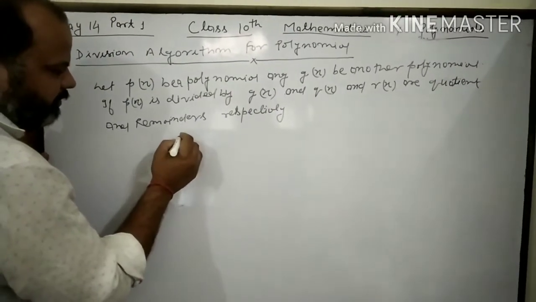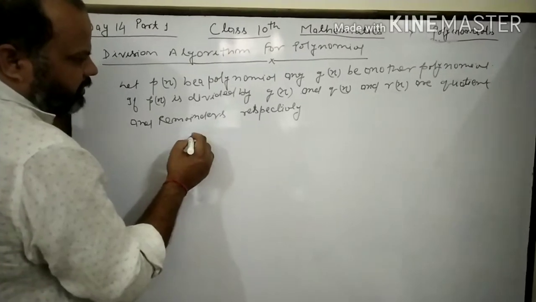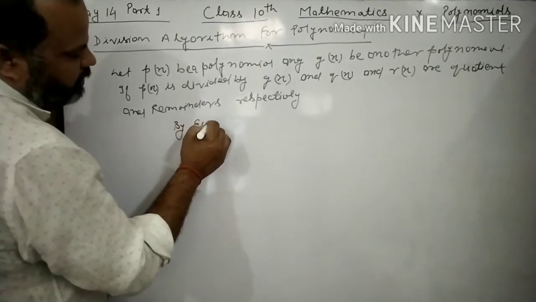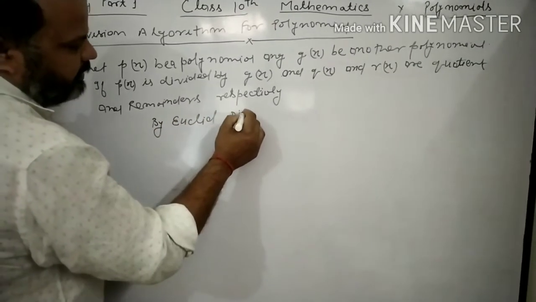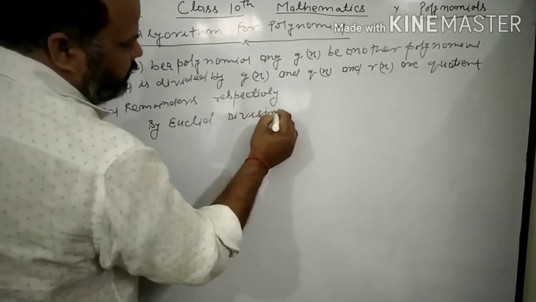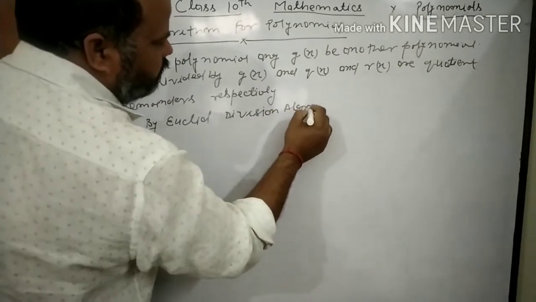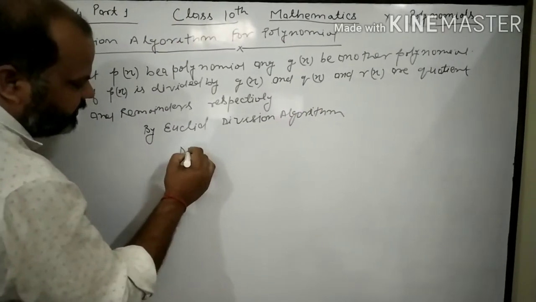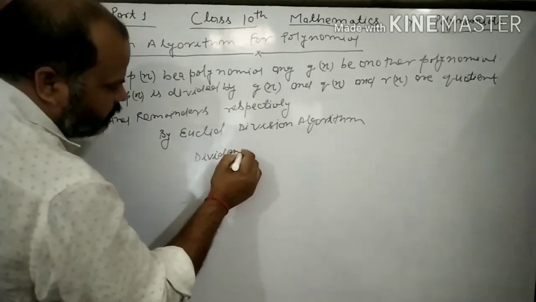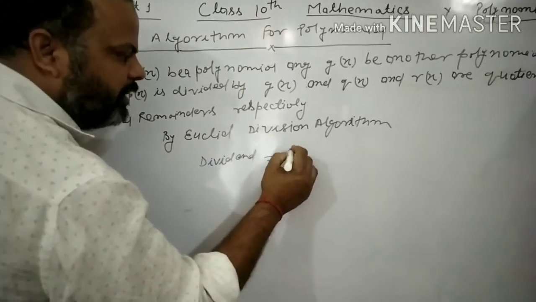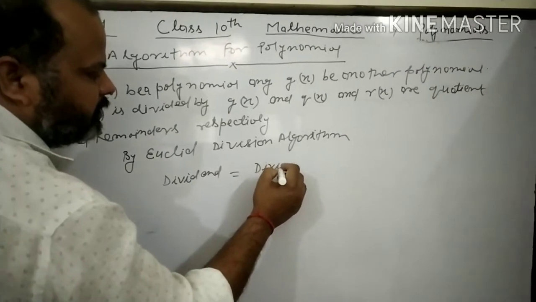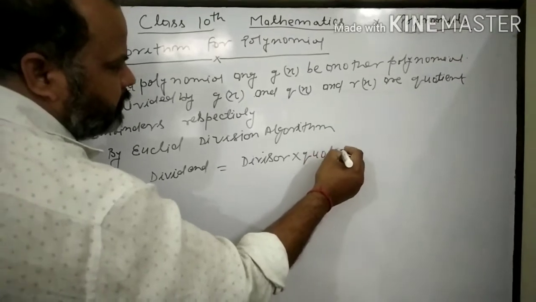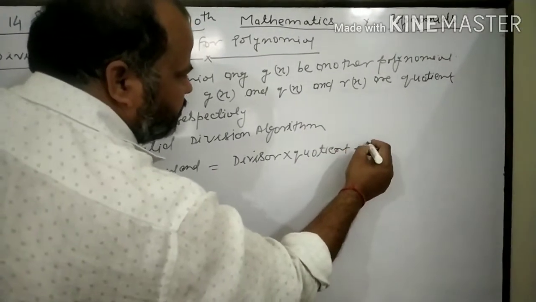Then by the Euclid division algorithm, dividend is equal to divisor into quotient plus remainder.